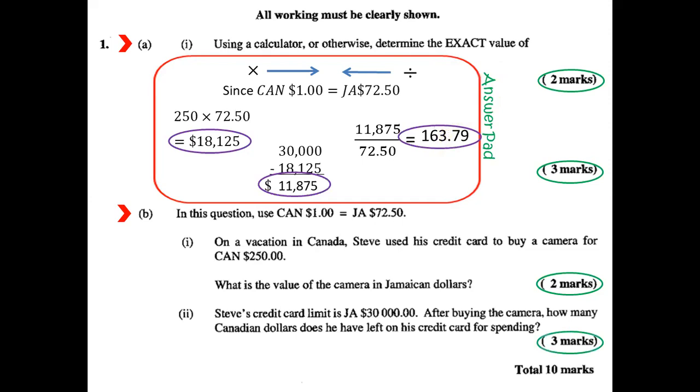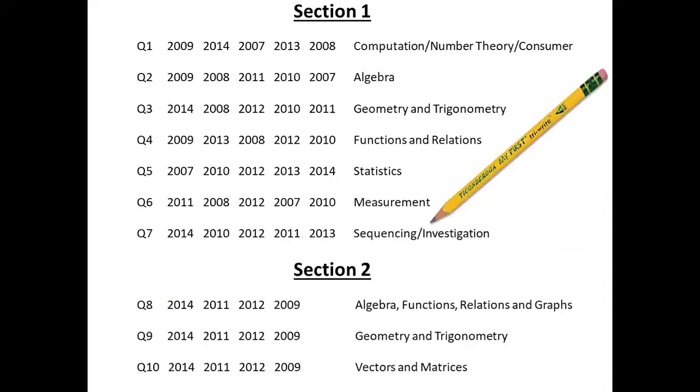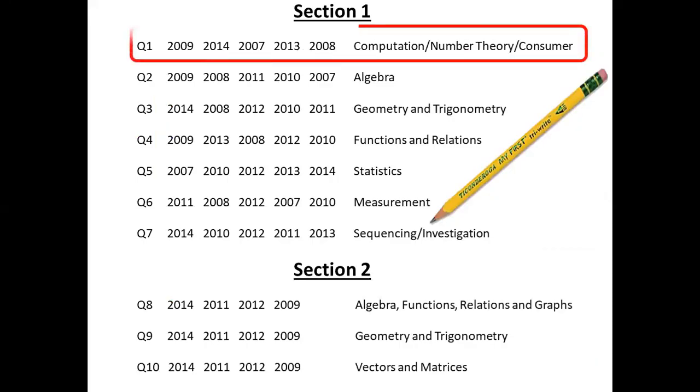Very good, right? As you can see, the questions in the order, as we said, for question 1, computation, number theory, and consumer arithmetic, right? What we have just done is 5 questions from this category, all right?